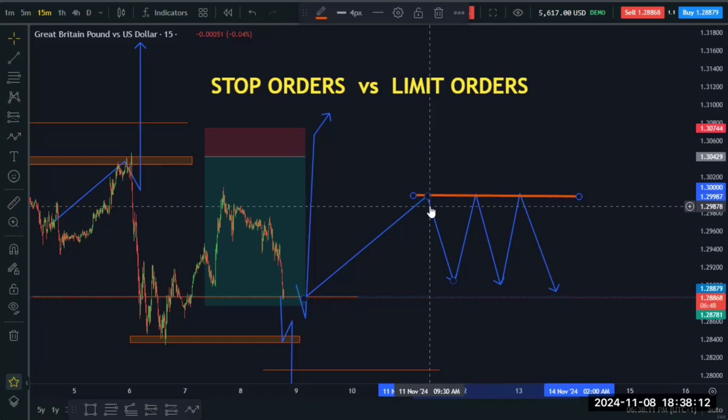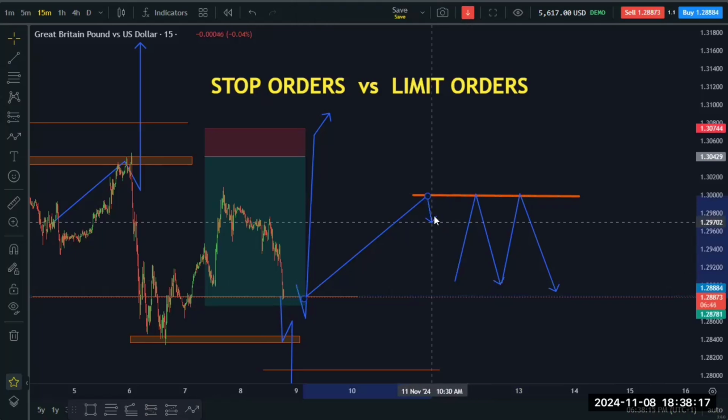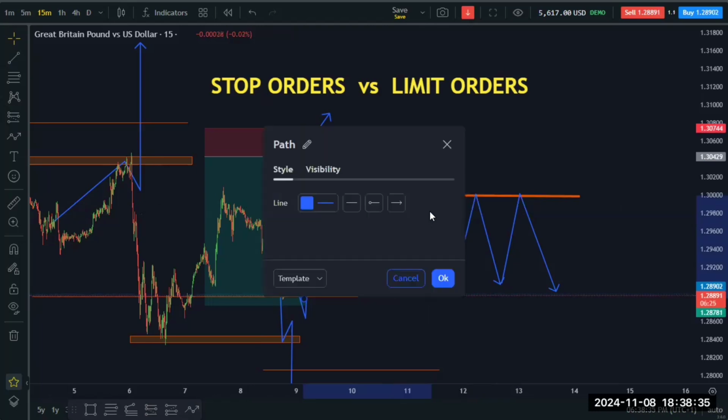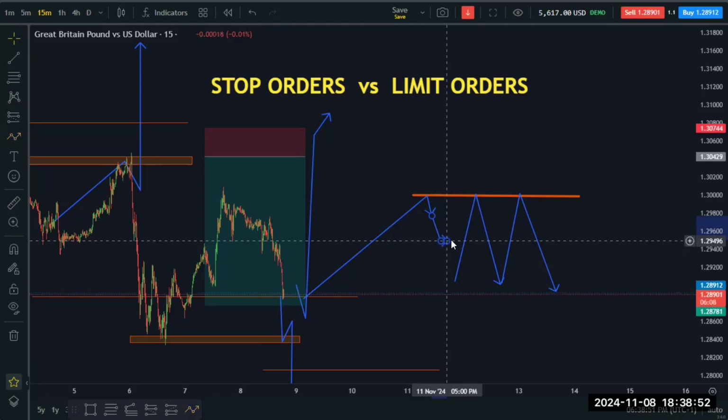If price reduces and reaches, let's say, this point here, and there are other 20 people willing to buy from you at 1.29, they will be included as part of your orders. So 50 at 1.3, 20 at 1.29, and then again those at 1.294. So a stop order ensures that your order is filled at different prices, not at a specific price.